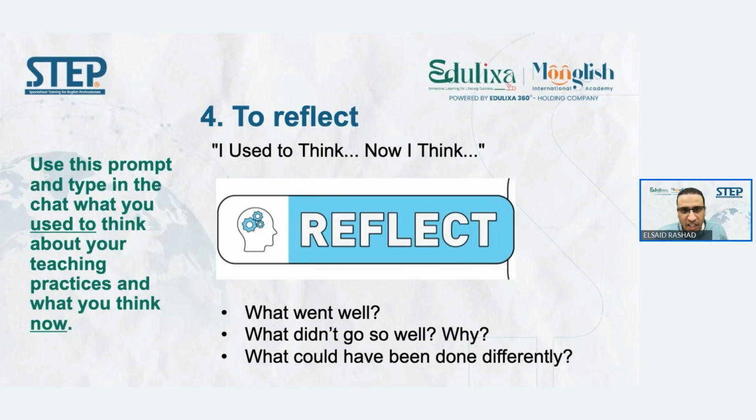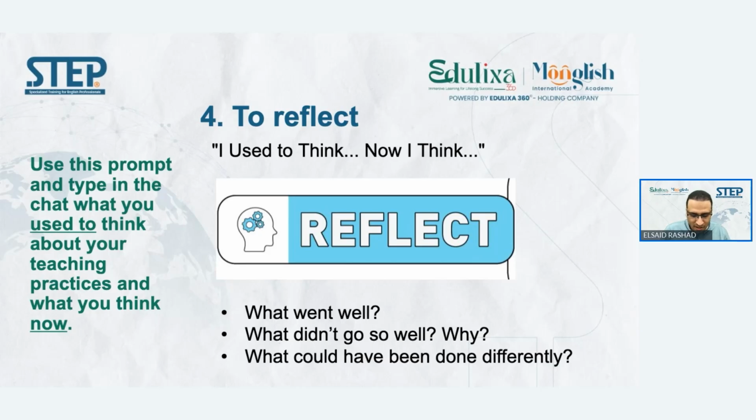I want you to use this prompt: I used to think blah, blah, blah. Now I think so and so. Type in the chat. I used to think that teachers should speak a lot so that students improve.